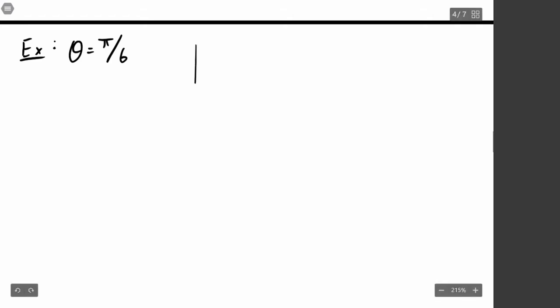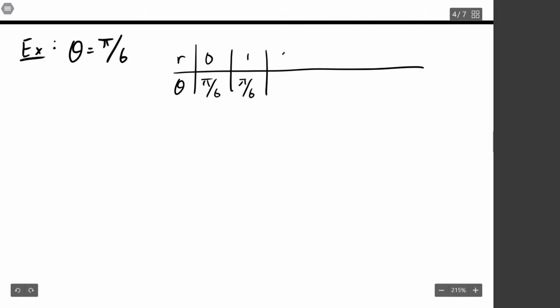So if we made another chart of values, we'd say if r is 0, theta is pi over 6. r is 1, theta is pi over 6. r is 2, theta is pi over 6. If r is negative 1, theta is pi over 6, and so on.